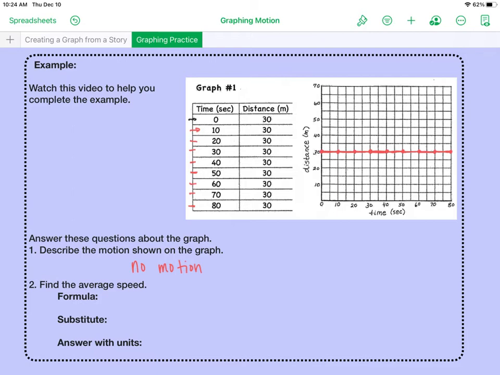So now we're going to look down here at finding the average speed. Now we know that our average speed equals total distance divided by total time.